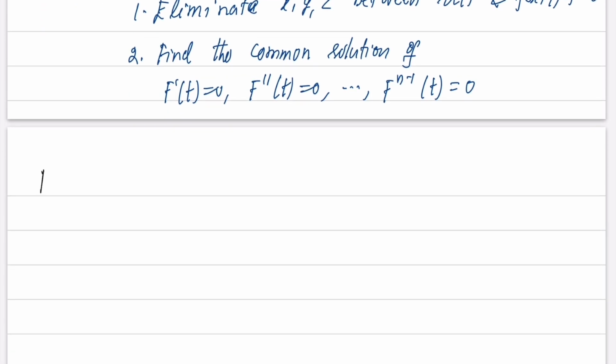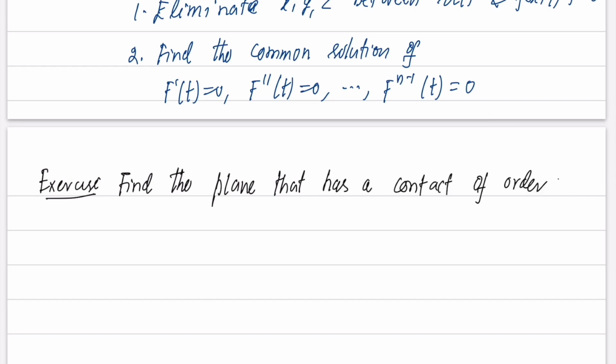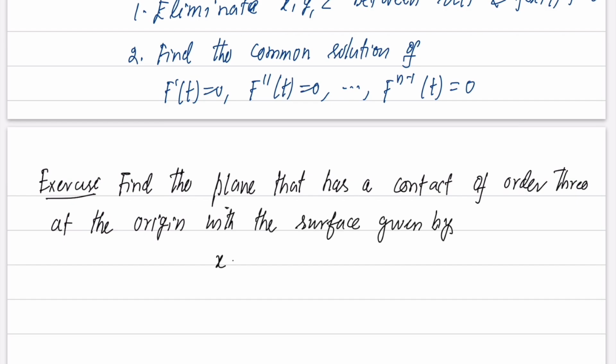Now let's take up an exercise in this direction. Find the plane that has a contact of order 3 at the origin with the curve given by x = t^4 - 1, y = t^3 - 1, z = t^2 - 1.